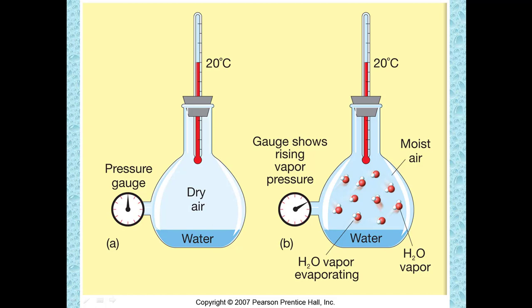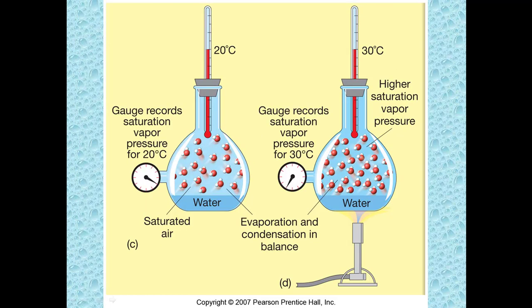So if you can understand that concept, you can apply it to air and water vapor. If we take it a step further, you look at the beaker part C and you look at the other beaker at part D, well, we're basically just doing the same thing where we're evaporating water as the pressure gauge goes up, but now we're evaporating water and adding heat.